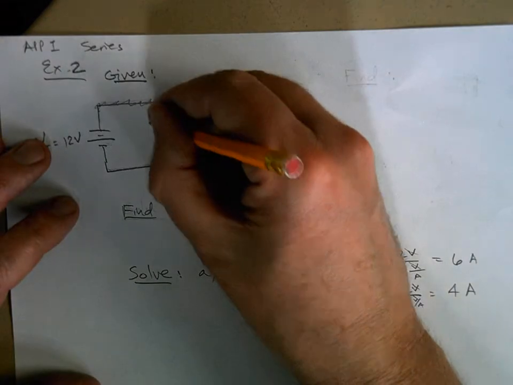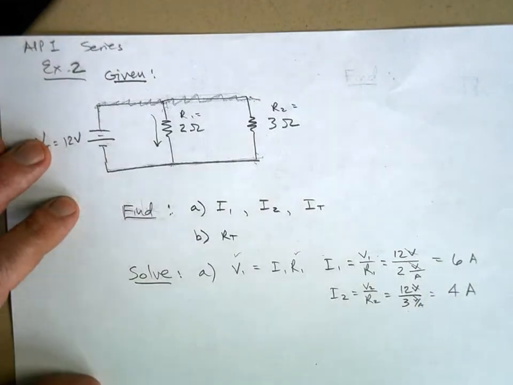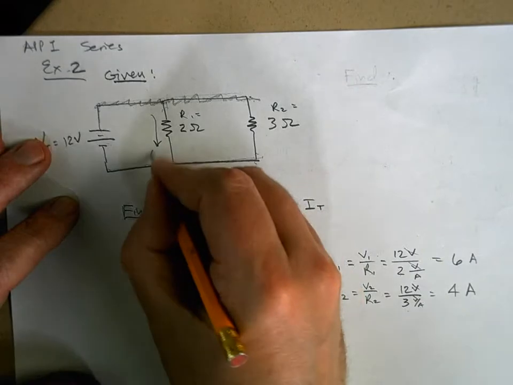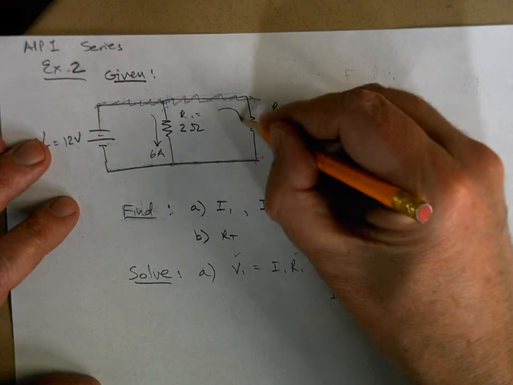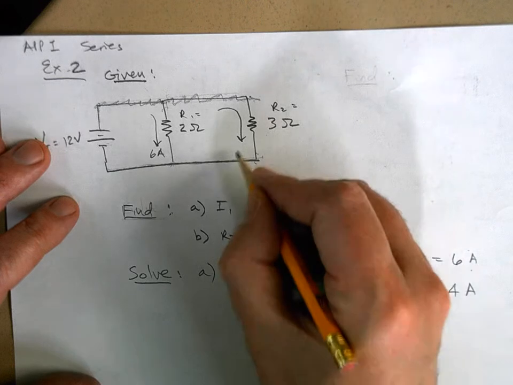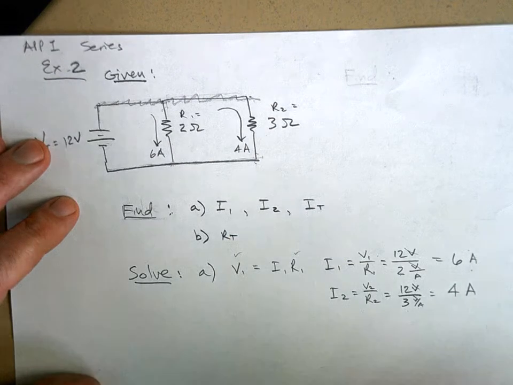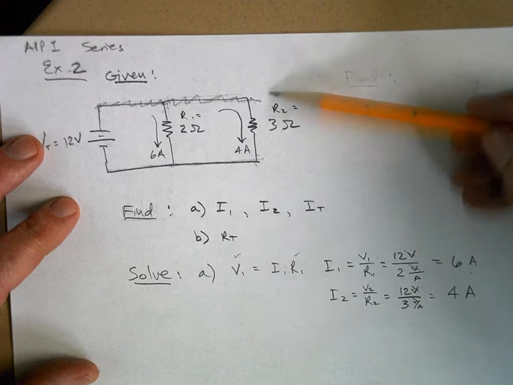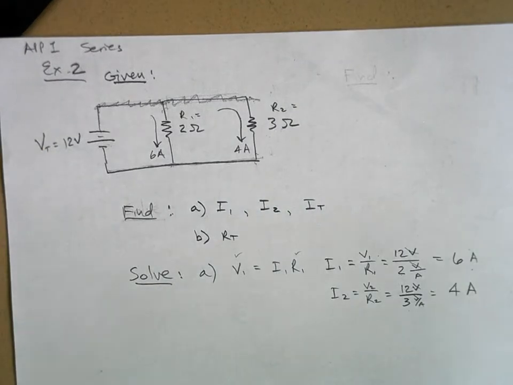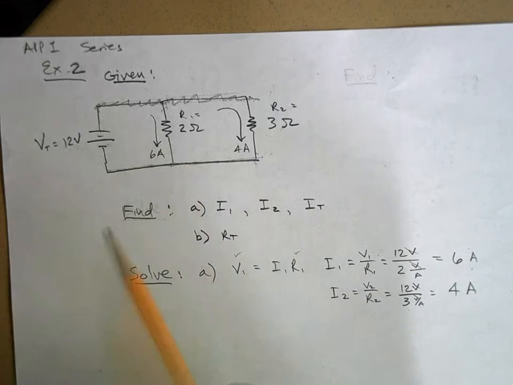So I've got 6 amps flowing through this, and then I've got 4 amps flowing through that. And does it make sense? Like, this is a bigger resistor. So for the same voltage, you have less current flowing through it. It's restricting the flow of current better than this one. Well, greater.